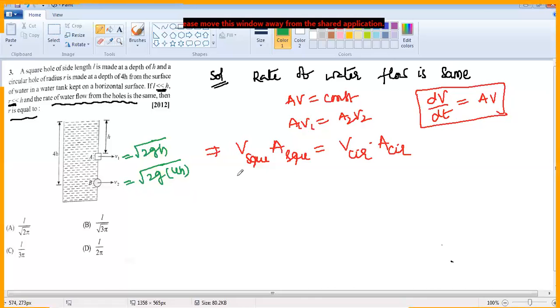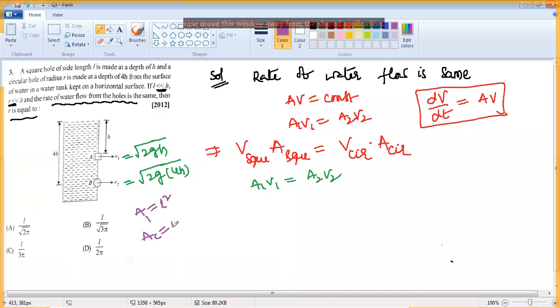So square is v1. That's what I took here. A1 v1 is equal to A2 v2. So now you are very clear. Area of this square, side is L here. Given that area is L square, and area of the circle with radius r is nothing but pi r square. So I substituted the conditions here. So the A1 is L square. L square into root over 2gh equals A2, area here pi r square.